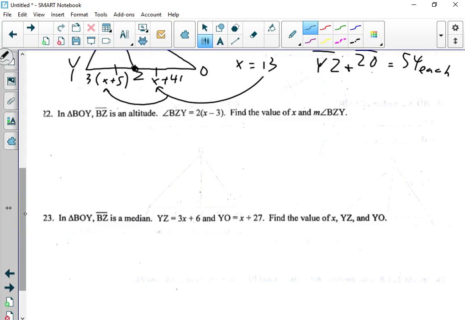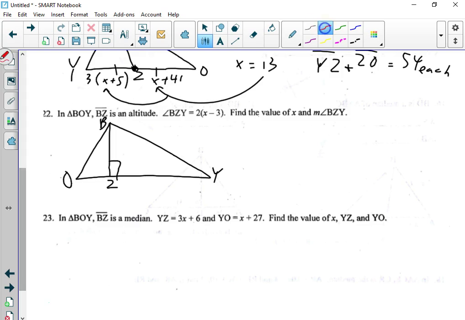Okay, 2 more. BOY is an altitude, so drop it straight down. BZ. BZY. B to the Z to the Y. This 90-degree angle right there is 2 times x minus 3.